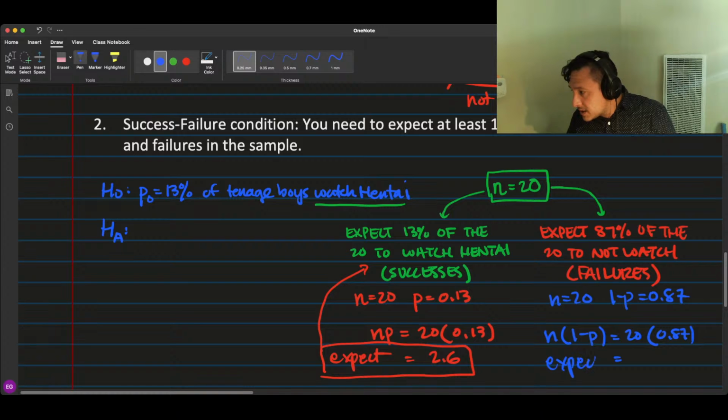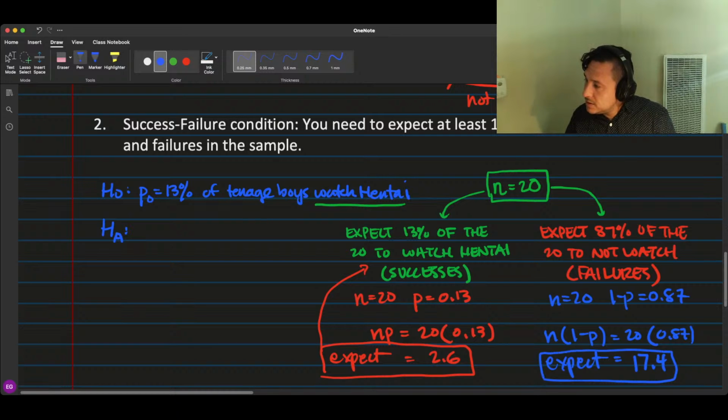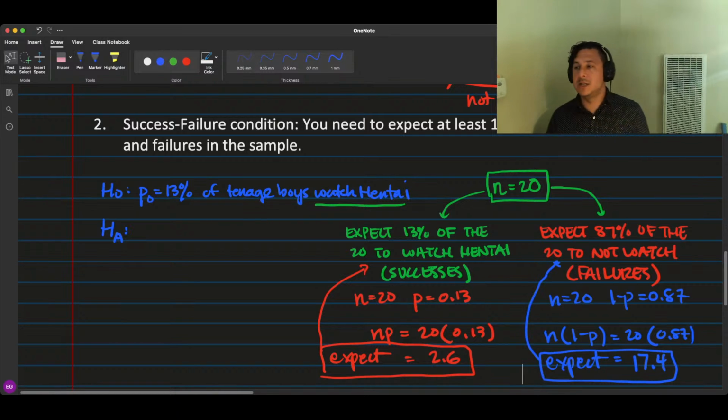You expect 17.4 of those 20 to not watch hentai.